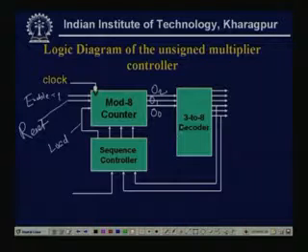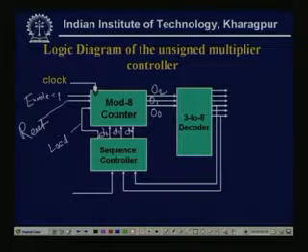These go to a 3 to 8 decoder, and the other inputs from the sequence controller are L and the 3 lines D2, D1, D0.